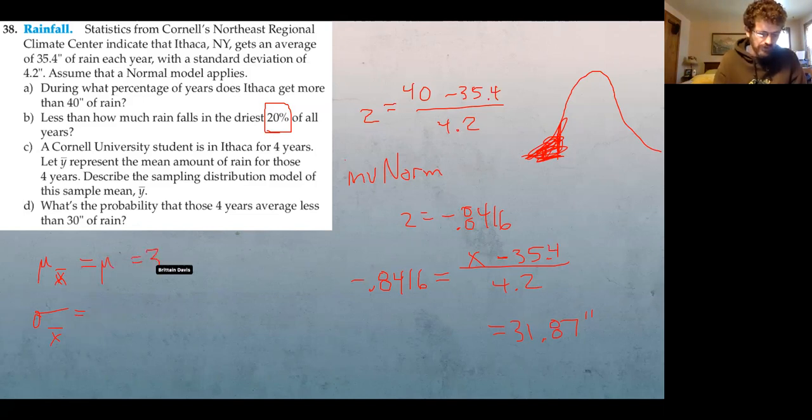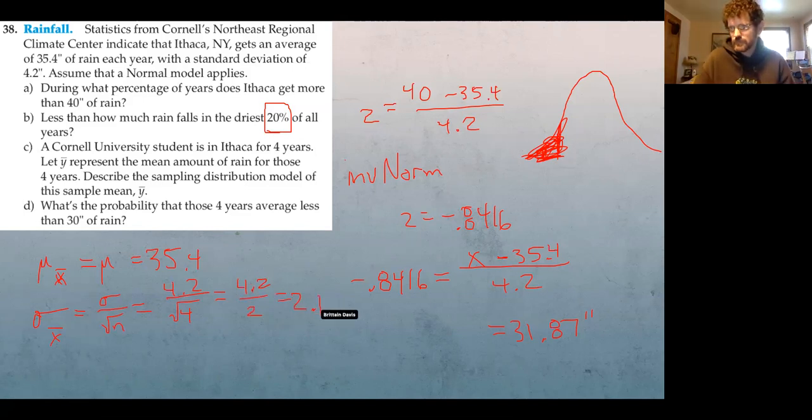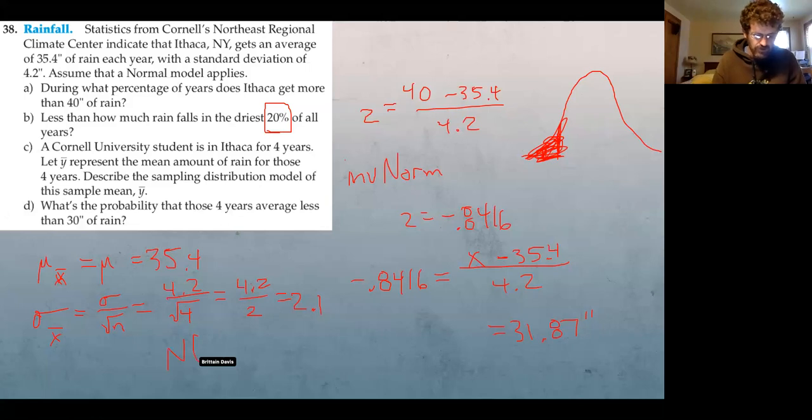So that's still going to be 35.4. But our standard deviation is going to be the standard deviation divided by the square root of n, which is going to be 4.2 divided by the square root of 4, which is 4.2 divided by 2, 2.1. So our normal model right here, if we just describe it with our notation, is 35.4 for the mean and 2.1 for the standard deviation.